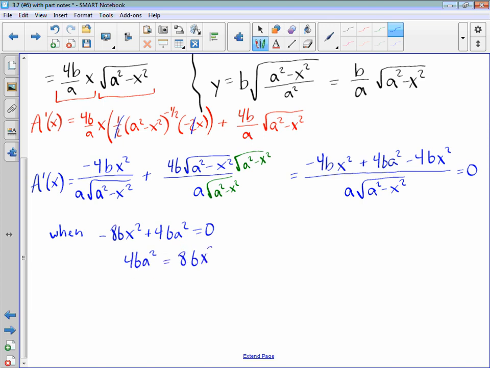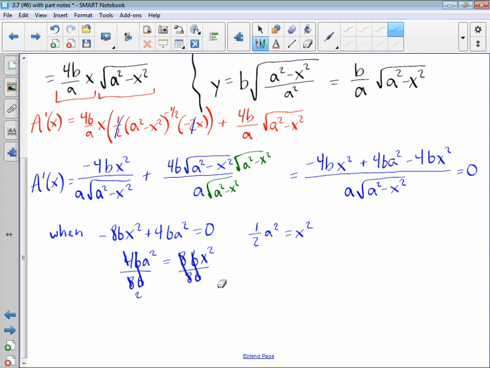And what am I trying to solve for? X. So what would I do? Divide by 8b. And back here, the b's cancel, and this 4 would make the 8 a 2. So I really get a half a squared, or a squared over 2, equals x squared.